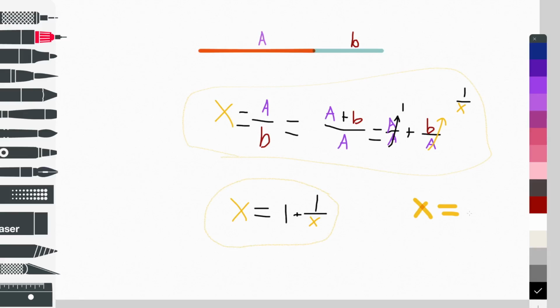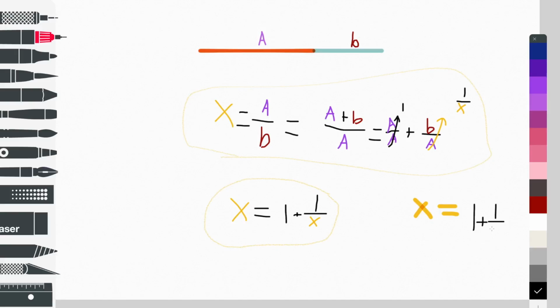So you know this is also true. So if x is equal to 1 plus 1 over x, we know that x is equal to 1 plus 1 over x, so you can do that again.